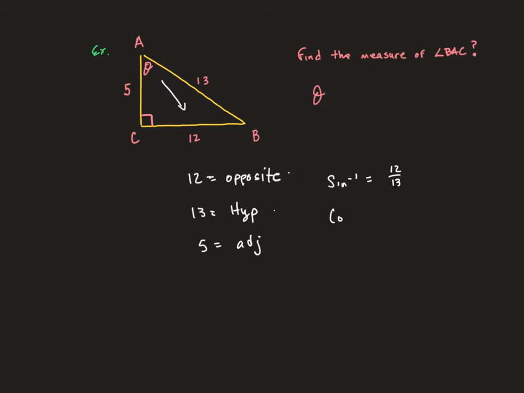The arc cosine is going to be the adjacent over the hypotenuse, which is 5 over 13, or the arctangent is going to be the opposite over the adjacent, 12 over 5. And so that is just coming up with the ratios. And let's see here, what do we do next? We could possibly work with the calculator.